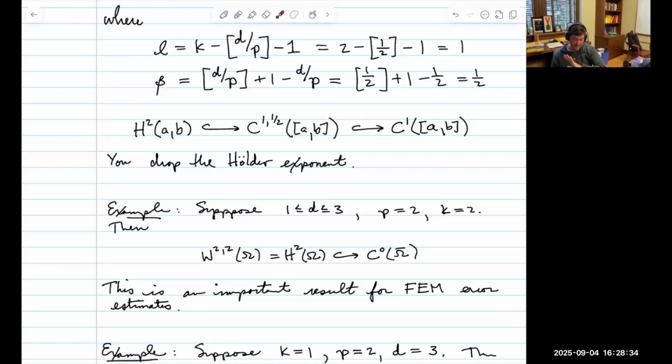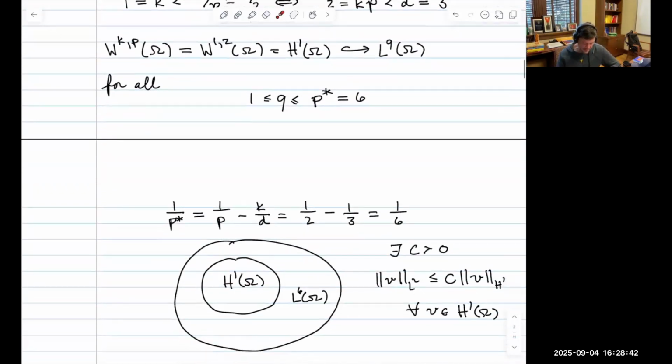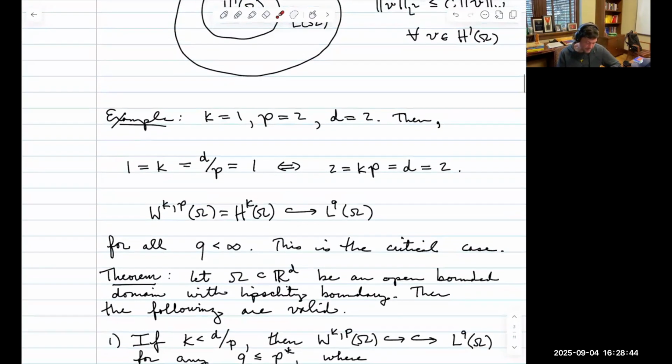That's a very important point about those functions. They're not just continuous, but they're also bounded. Now, if we're in the critical case, critical is whenever kp is equal to d, we don't quite get to boundedness. A function out of this class might be bounded, but we can't say that that's true generically.